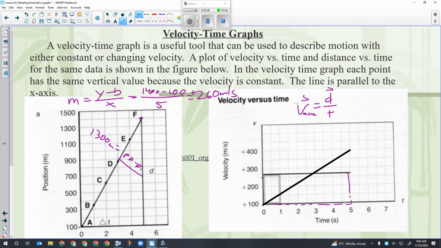Yes. Okay. Slope always tells you this: the rate at which y changes over x. It doesn't matter what's on the graph. Slope always represents the rate of change of y over x. Okay? So on a position versus time graph, it's velocity, because it's the rate at which you change your position over time.